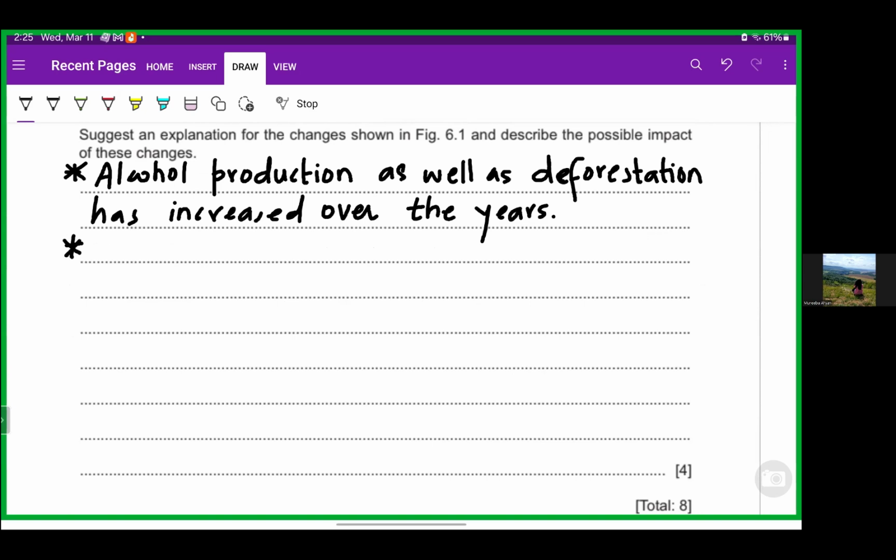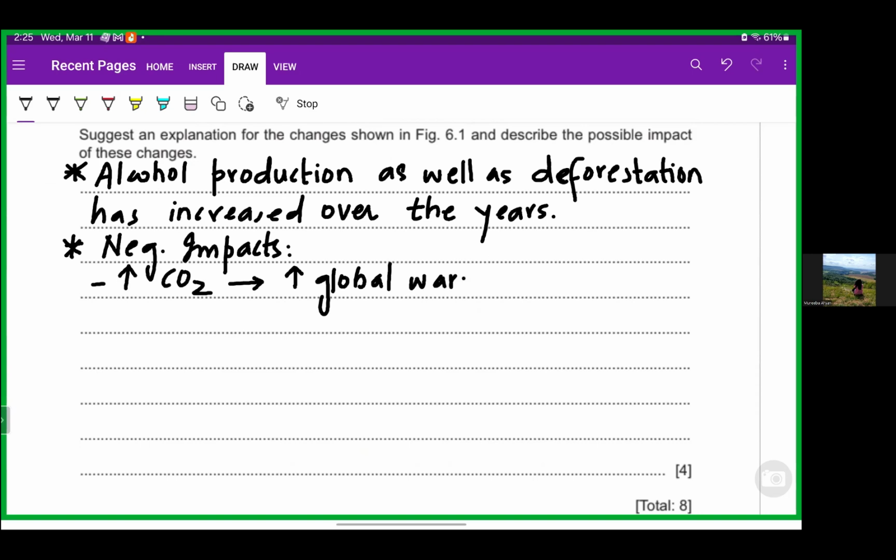It leads to, first we'll talk about negative impact. So increased carbon dioxide can lead to increased global warming and climate change.